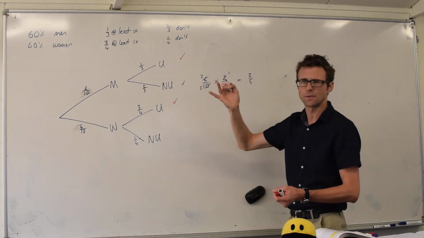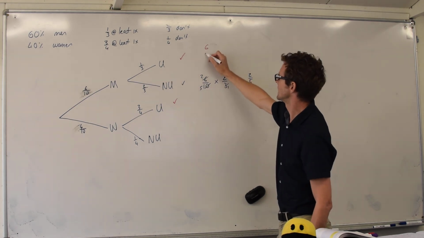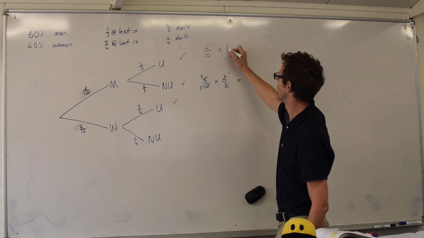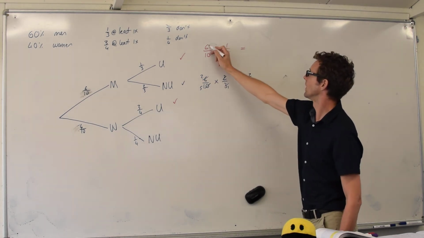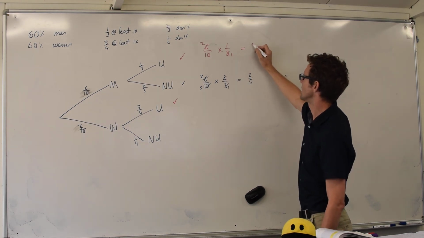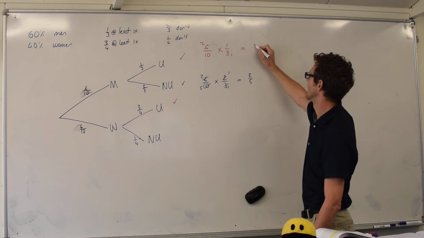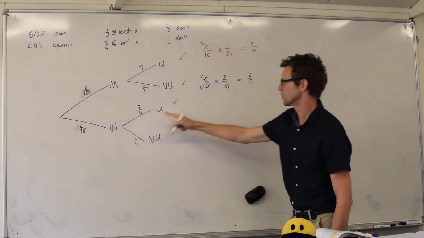I hope this is coming through nice and clear. This branch is going to be 6/10 times 1/3, and again we could simplify this, and 2/10 is going to be our answer, or we could say 1/5. I'll just leave it as 2/10 for now.